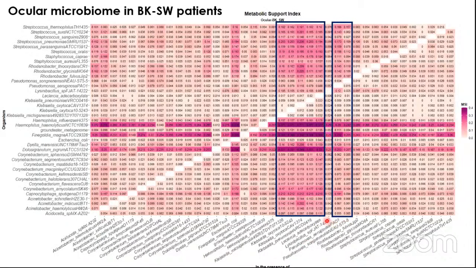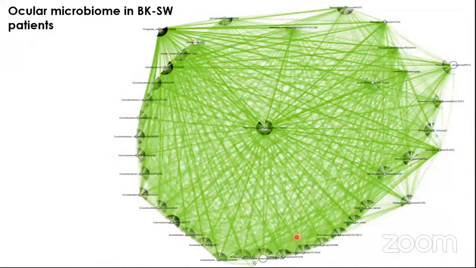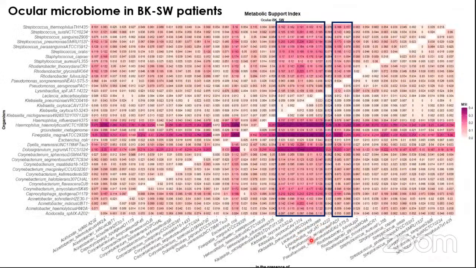So you can see that in the previous sample we had only one Klebsiella oxytoca and lots of Pseudomonas species, but in this sample we have a lot of Klebsiella species, while we have only one or two Pseudomonas species. So let's see the microbes being benefited here.